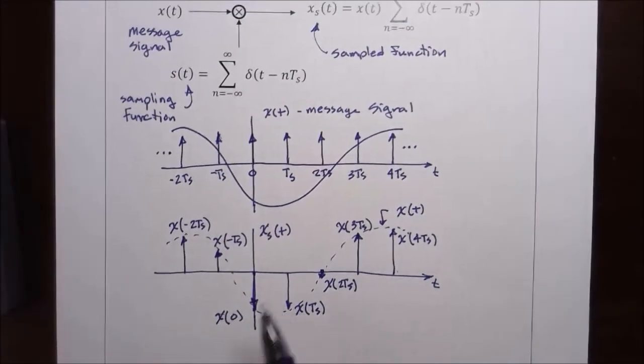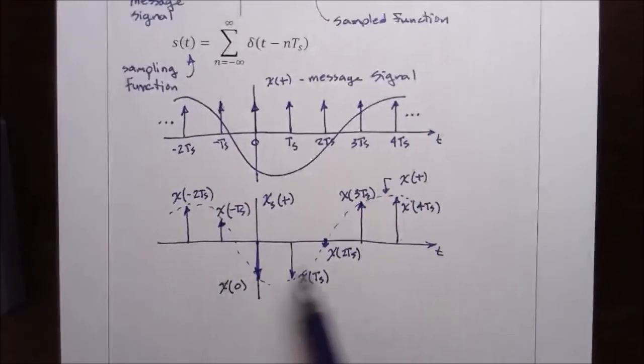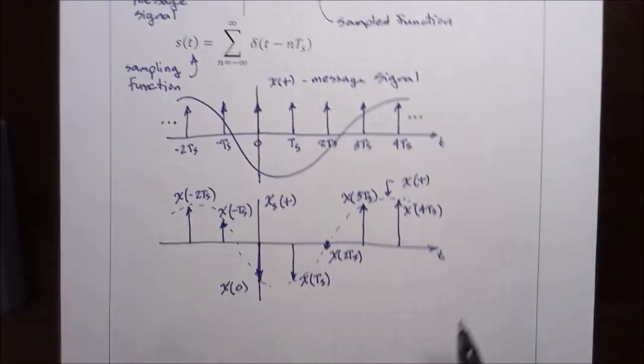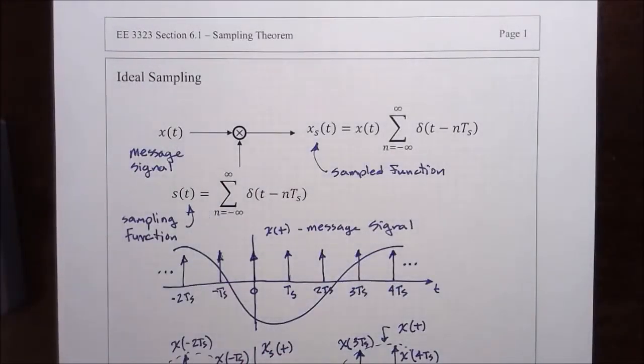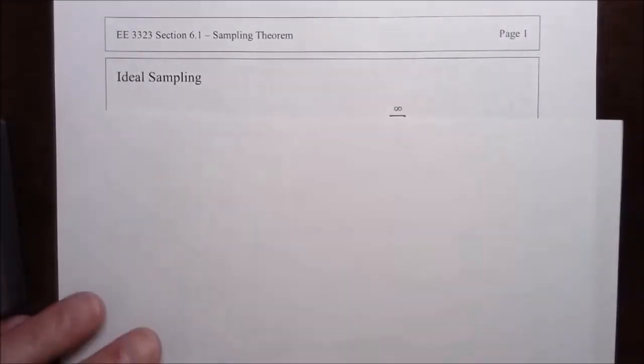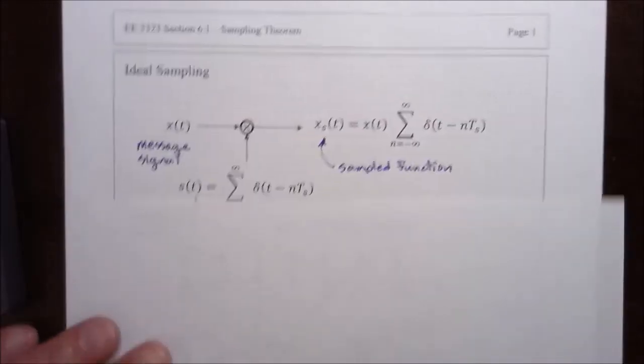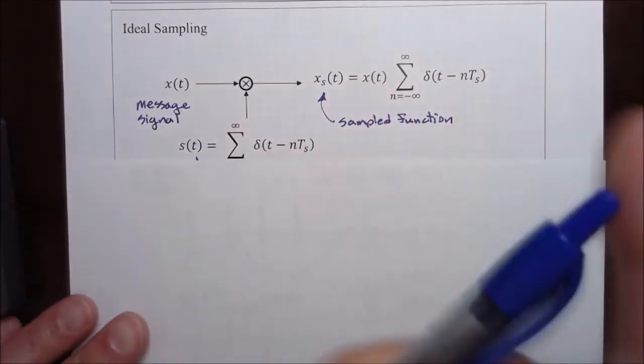Now let's look at the spectrum of this sampled signal. So we've got the continuous message signal x of t going into a mixer, a multiplier.